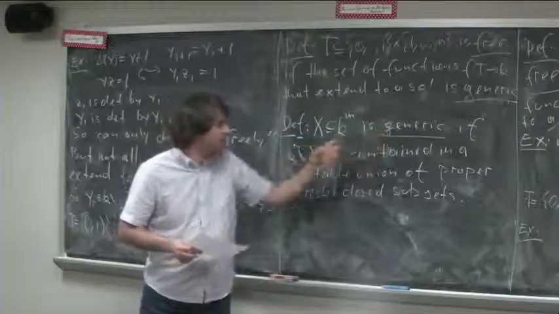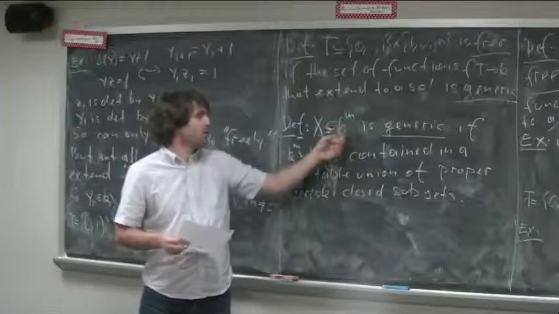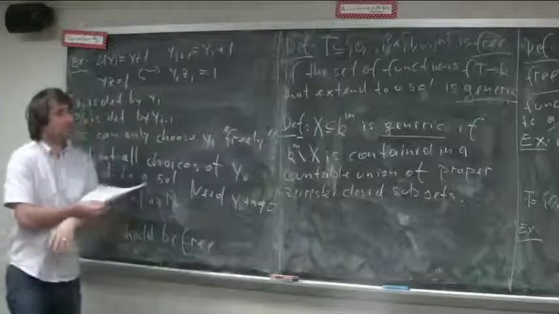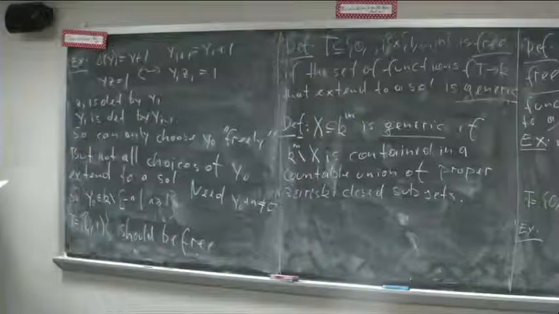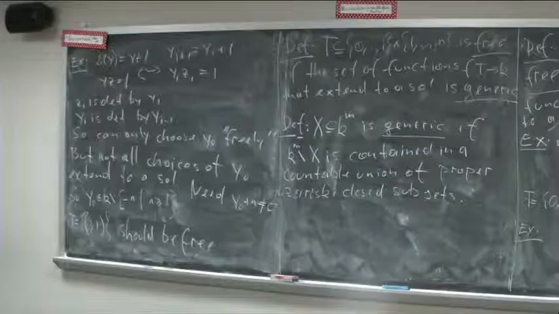So I only defined generic for the affine space, but you can also define it for any Zariski closed subset, and then what I just said makes sense.